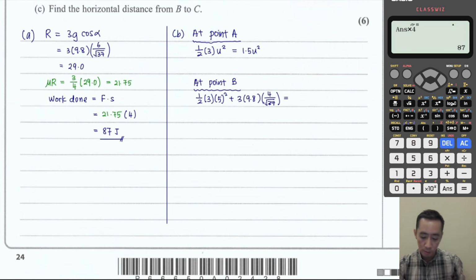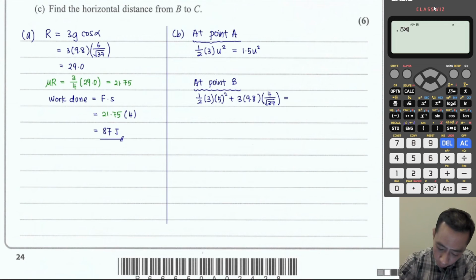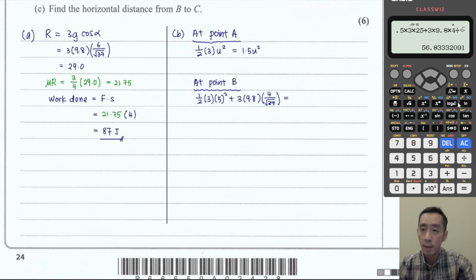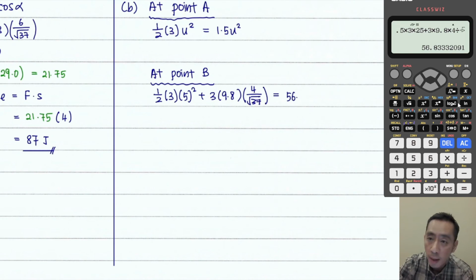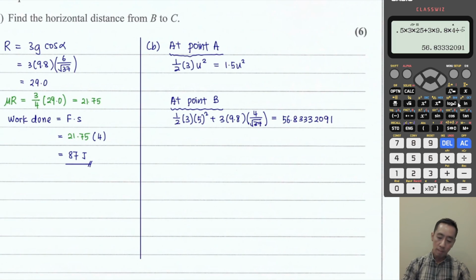So let's calculate this. 1 over 2 times 3 times 5 squared, which is 25, plus 3 times 9.8 times 4 divided by square root of 37. So here I have 56.83332091. Okay, so this is at point B.